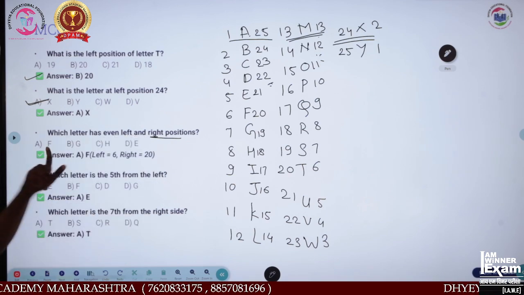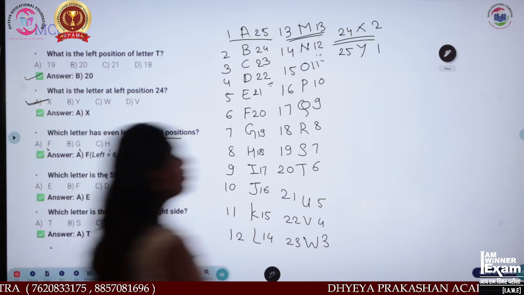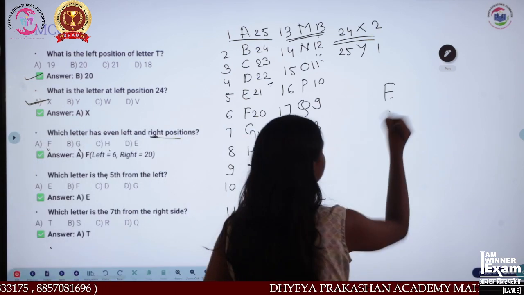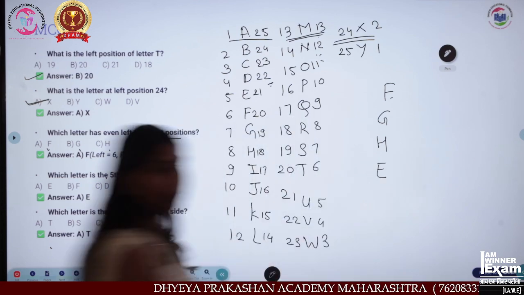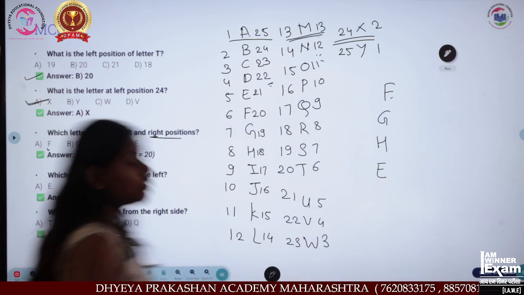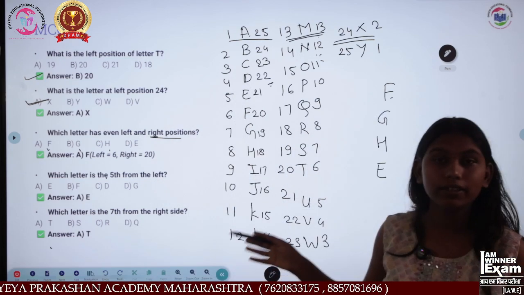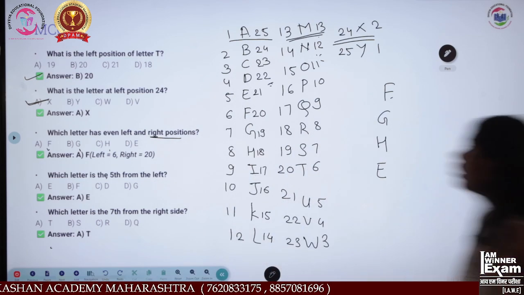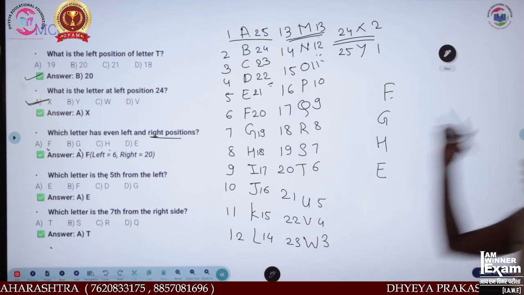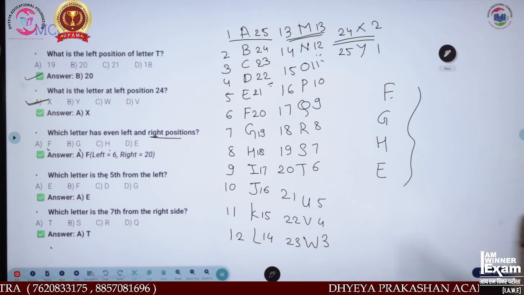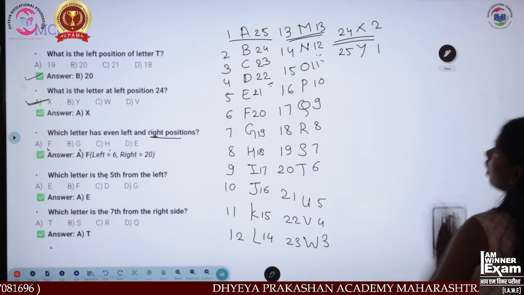F, G, H and E. Instead of searching through all 25 letters one by one, we can search only these 4, because these 4 are mentioned in the options. Okay, so let's start with F.